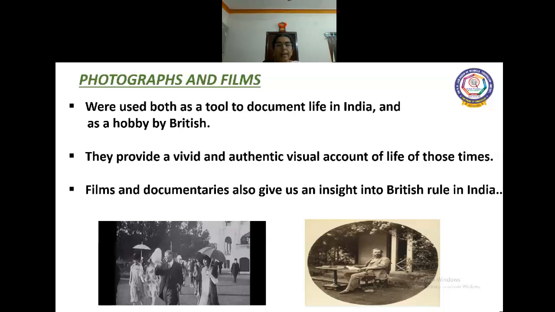We can get an idea about the lifestyle of the people by observing these photographs. Films and documentaries also give us an insight into British rule in India. So by seeing some films taken during that period, we can gain an insight into the British rule in India.